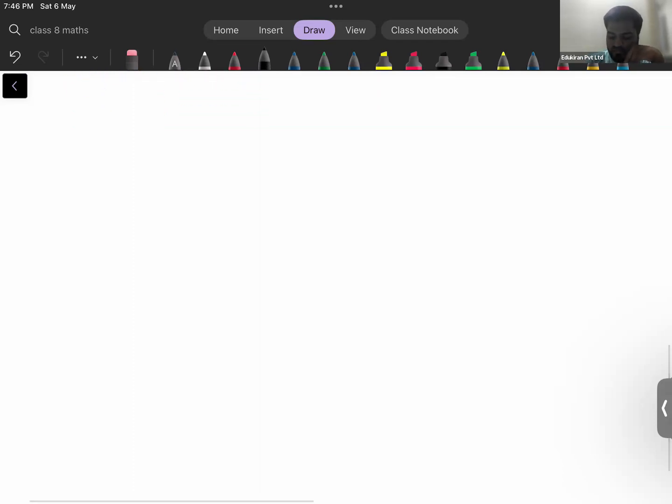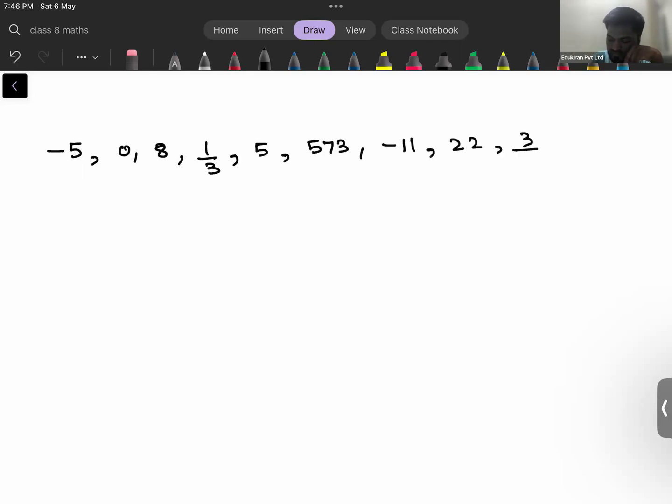So here I'm writing a few numbers. Out of all these numbers, which values are not an integer?